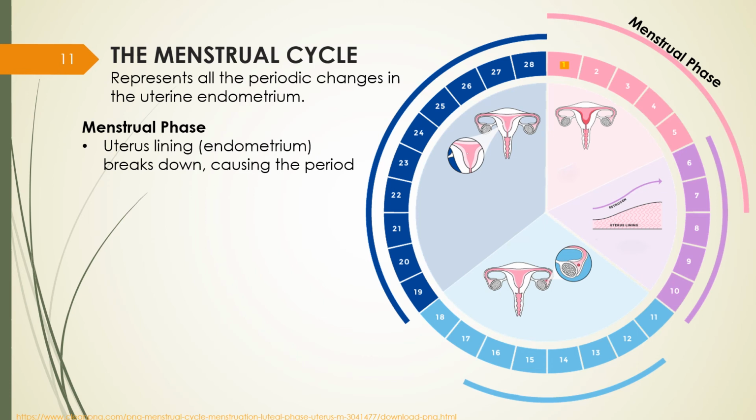During the cycle, after the release of the ovum, the endometrium gets thicker to accommodate the zygote in case of a fertilization. But if there is no fertilization, the endometrium has no function, so it's going to break down, okay?